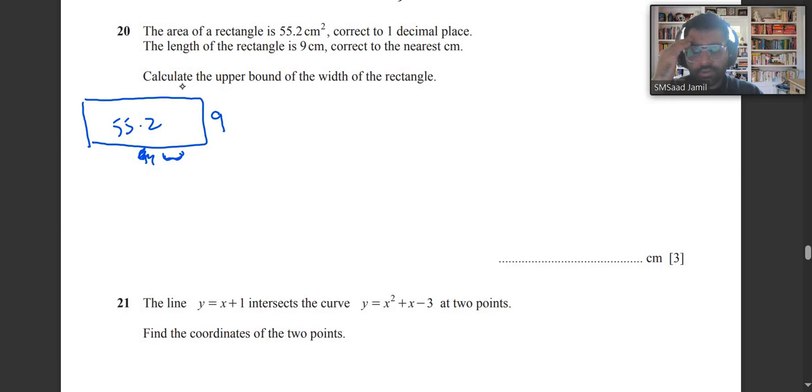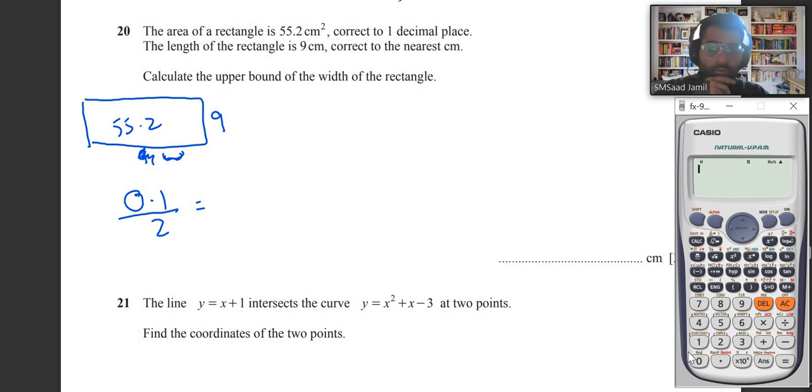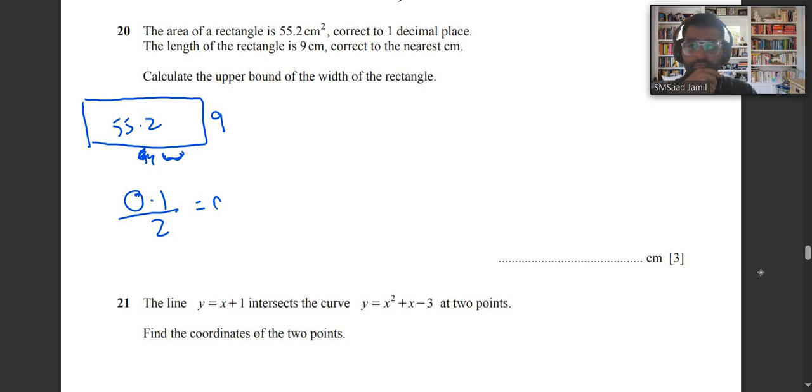Look guys, in order to calculate the upper bound, first of all it says 55.2 correct to 1 decimal place. So whenever you have a question like this, you will do 0.1 because of 1 decimal place, divide it by 2, because that's part of upper bounds and lower bounds. So 0.1 divided by 2 is 0.05. Use common sense.